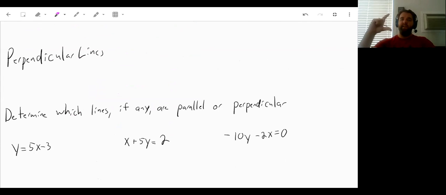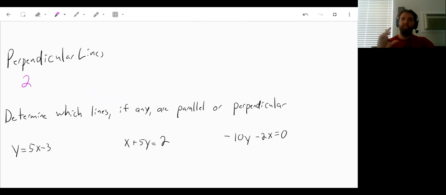With perpendicular lines, you're not going to have the same slope in order to get them to intersect, but they're going to be negative reciprocals. So it'll be the negative flipped form of your slope. So if your slope was 2, its perpendicular line would be negative, and it would be the reciprocal of that, or the flipped version. Since 2, you don't normally think of it as a fraction, but it could also be written as 2 divided by 1.